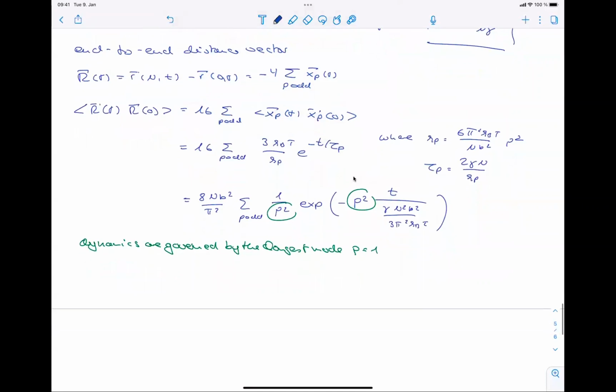And so that means that the time scale at which my modes decay is the one if I insert here p equal 1. So the relaxation time scale is gamma n squared b squared over 3 pi squared kBT, and that's the relaxation time scale.